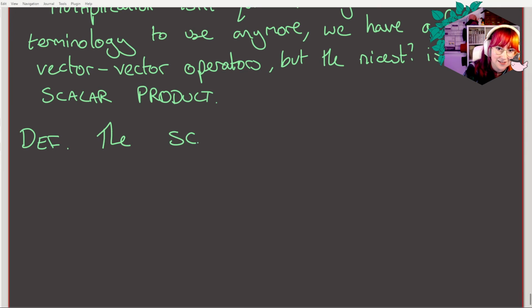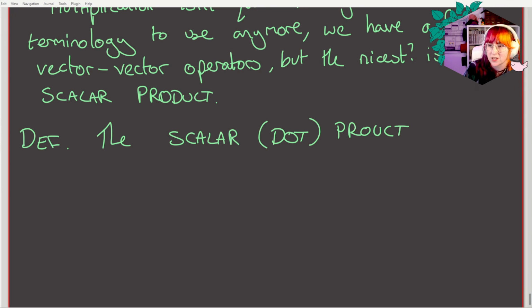The scalar product, also called the dot product, which in my opinion is a much more fun word for it, because why give something a complicated name when you could just describe it as the symbol you use?